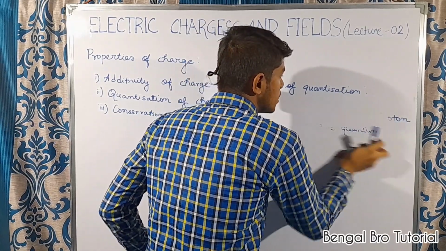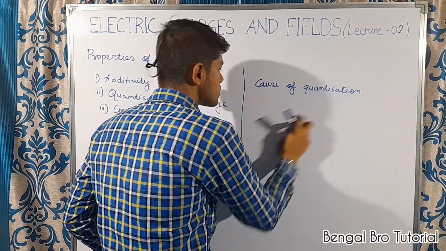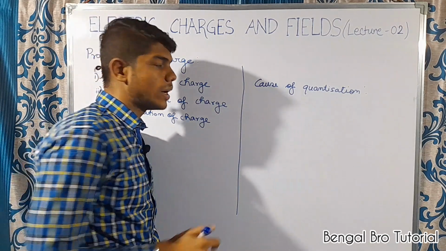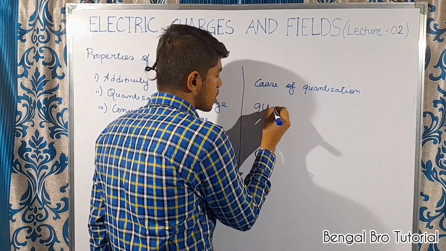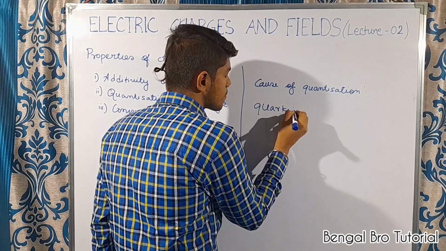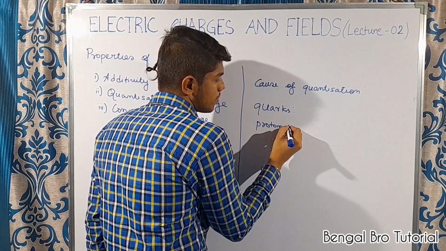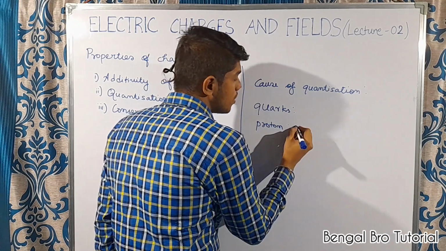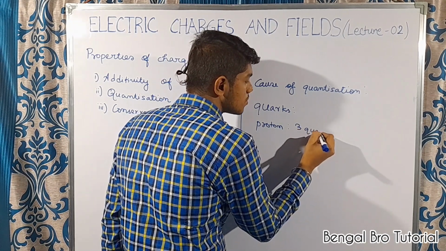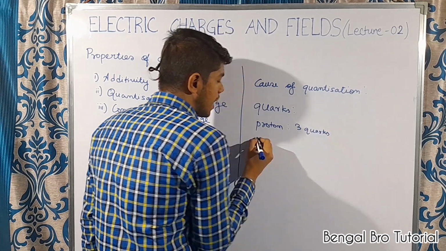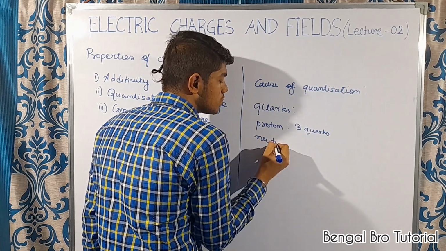In lecture number 1, I told you that protons and neutrons are made up of smaller constituents called quarks. A proton is made up of 3 quarks, and so is a neutron.